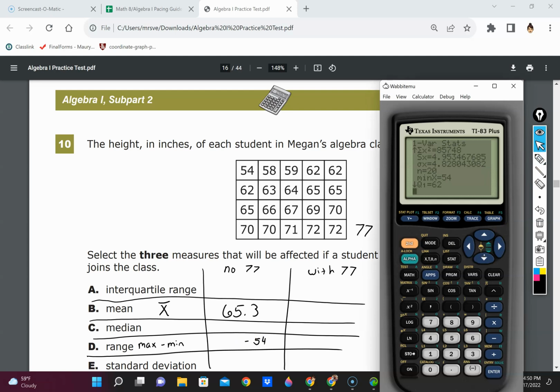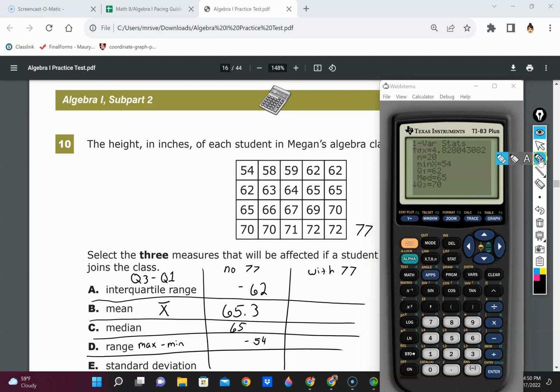Quartile 1, we need that because our interquartile range is going to be quartile 3 minus quartile 1. Let's keep scrolling. The median is 65.